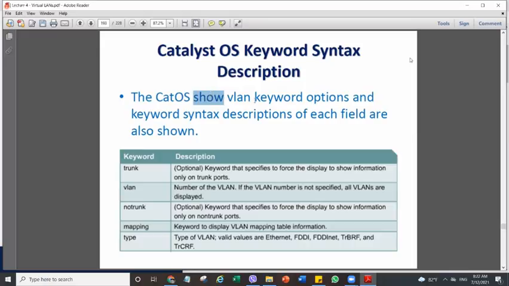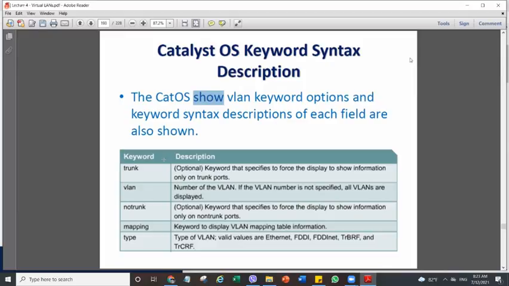CatOS show vlan keyword options and keyword syntax descriptions of each field are also shown.